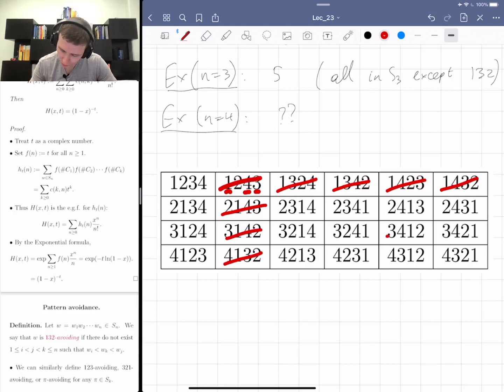Okay, there's 3, 4, 1. No, that's not true. 2, 4, 3. Yeah. Do we get rid of 2, 4, 3 patterns too? Yeah, right. So 2, 4, 3 is the same relative position as 1, 3, 2. Is there any more?